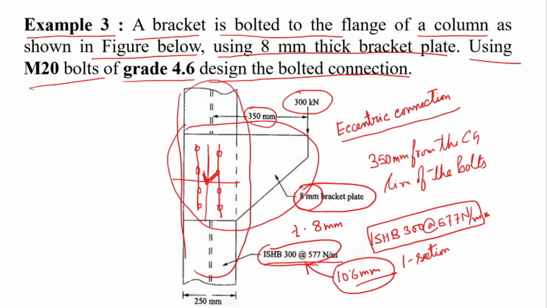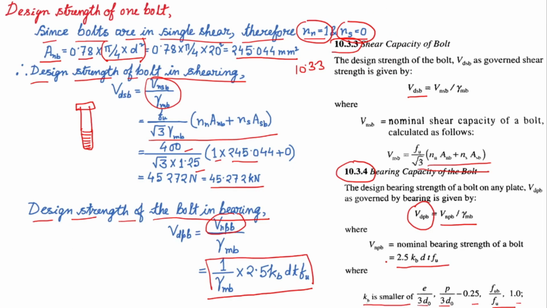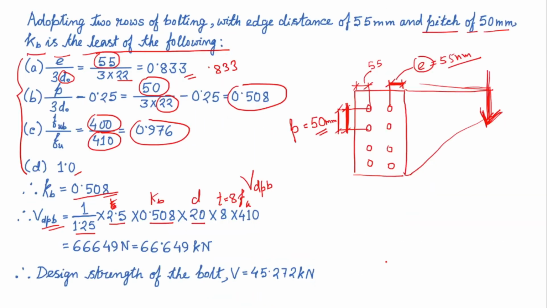So t will be the smallest of these two, 8 mm and 10.6 mm. That's why here t is 8. So finally we have calculated VDPB as 66.649 kilonewton.